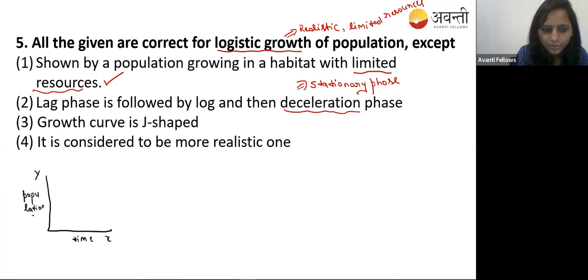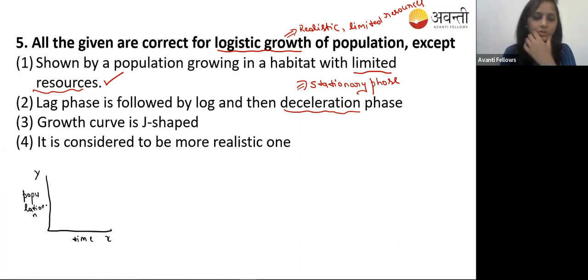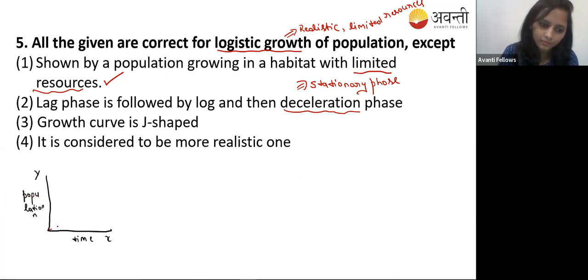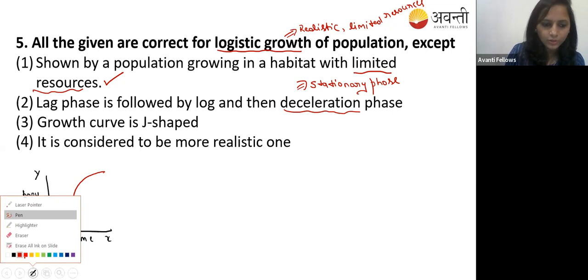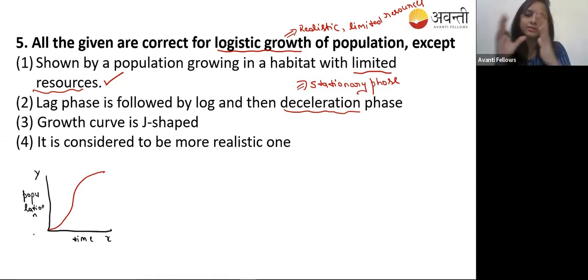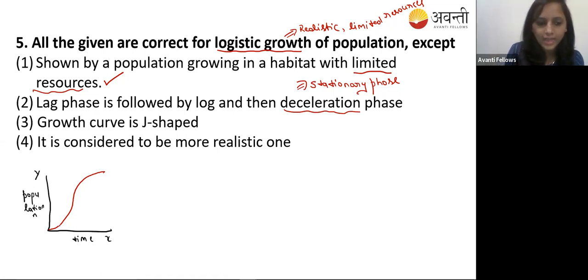So the graph will grow like this. Observe here: starting, the growth will be very slow. It will start with a slower process, so we call this the lag phase.